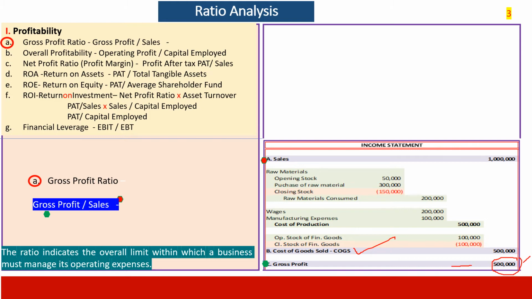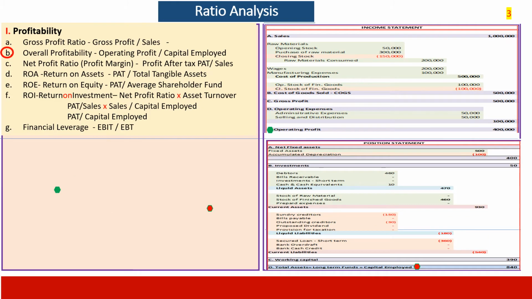Under no circumstance the cost or expenses of the company can go beyond gross profit. The moment expense crosses gross profit, company is into loss. Therefore, the ratio indicates the overall limit within which a business must manage its operating expenses. If operating expenses is greater than gross profit, it is loss.